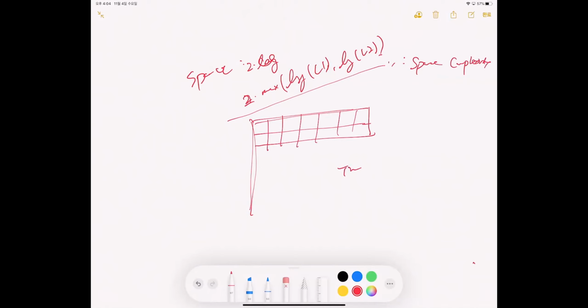Time complexity. What's the time complexity of this one? If the input is of size n, let's make it n and n. If I initialize everything as 0, then I only need to compute.